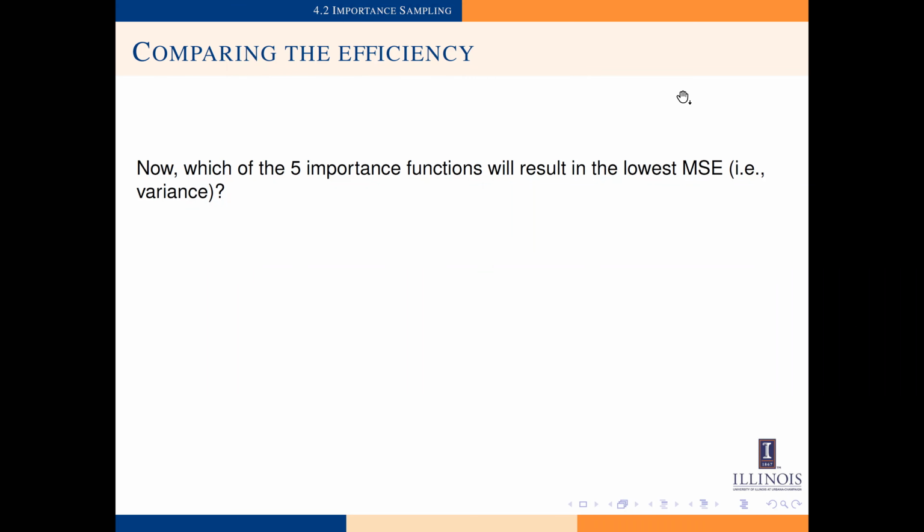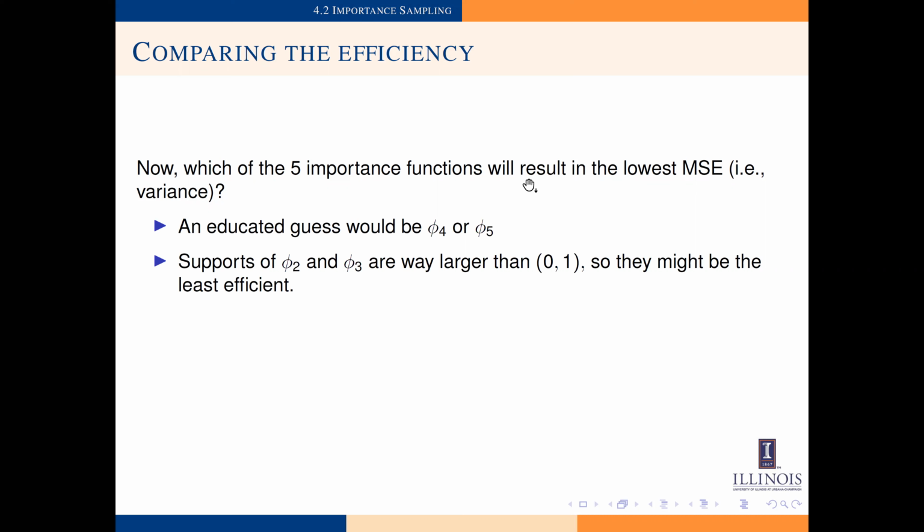If you're going to choose one or two of the importance functions we just tried, which ones are you going to choose that will result in the lowest MSE? In other words, the lowest variance of our theta hat.